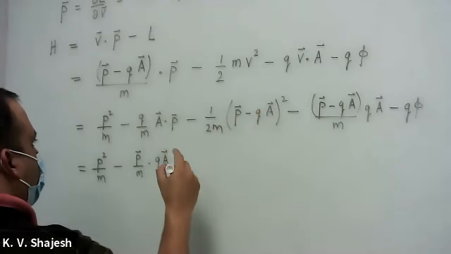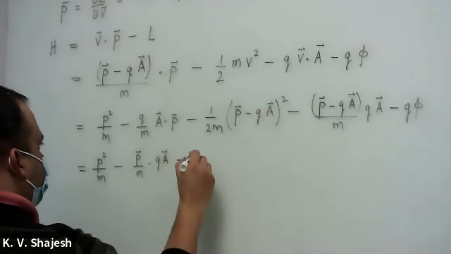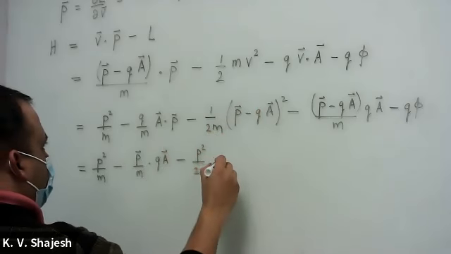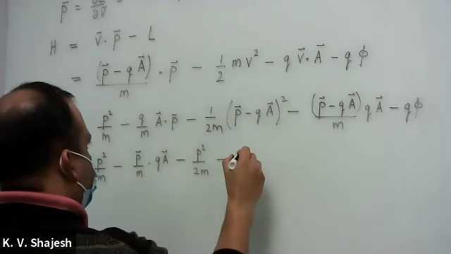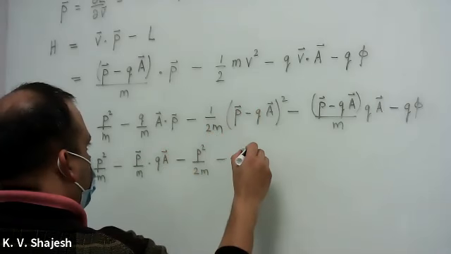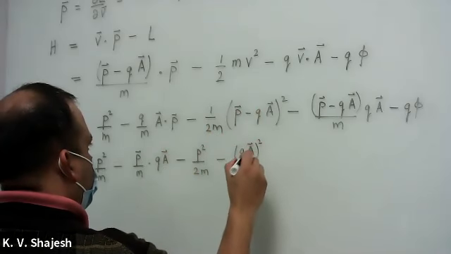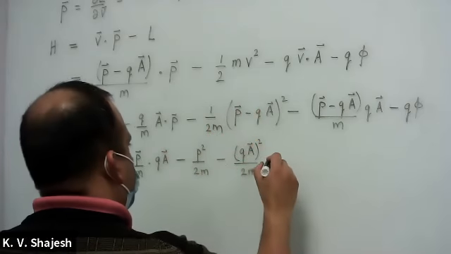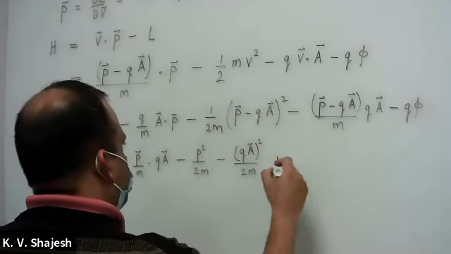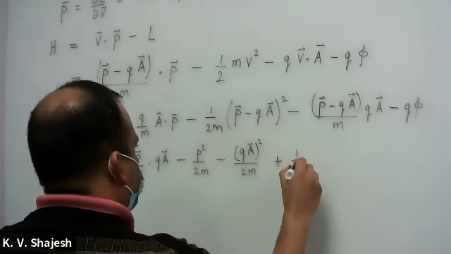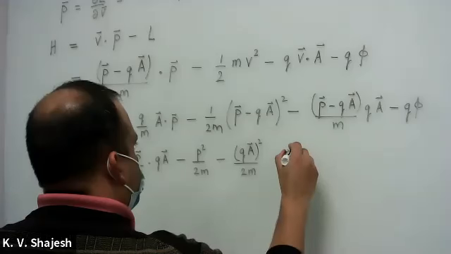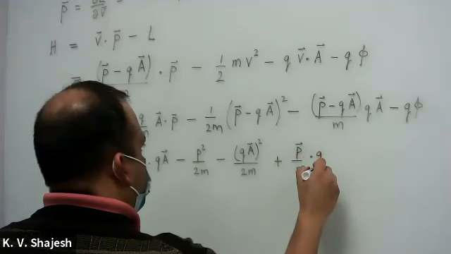Then there is a p square over 2m minus p square over 2m minus again of q a square over 2m, and that is plus, 2 cancels out, that is 1 over m and p dotted with qa.